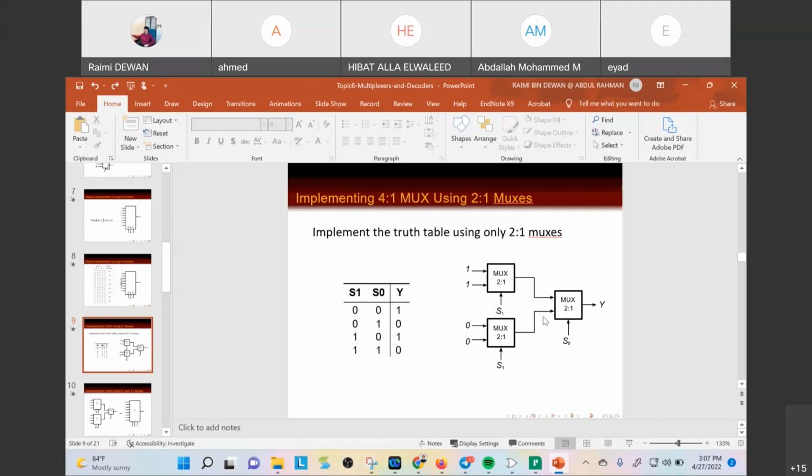So 0 and 1, 1 goes to here and 0 goes to here. And then S0 is actually 0, so it will choose 1 here. So that's why you have an answer of 1.